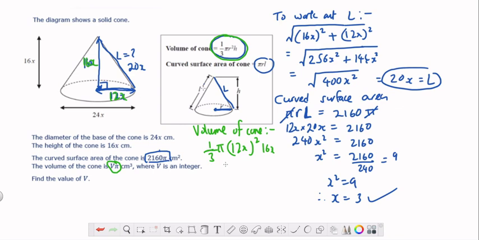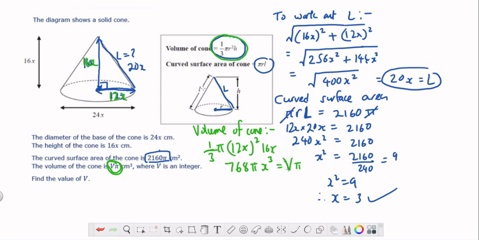That gives me 768 pi. Because remember, I've not used the pi in my calculation yet. I've just left it in terms of pi so far. And don't forget, x squared times x. We're not adding, but we're timesing now. X squared times x is x cubed. Right, that represents the volume, but it says here in the question the volume is v pi.